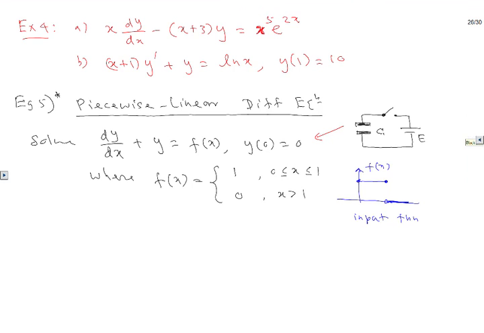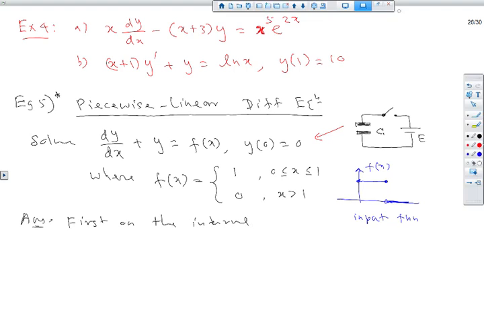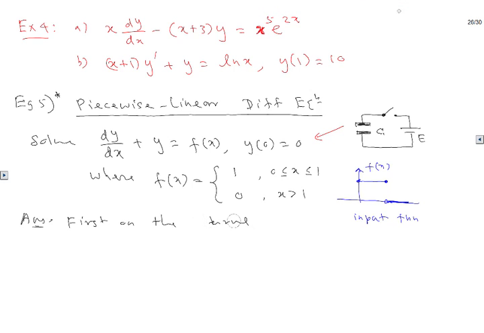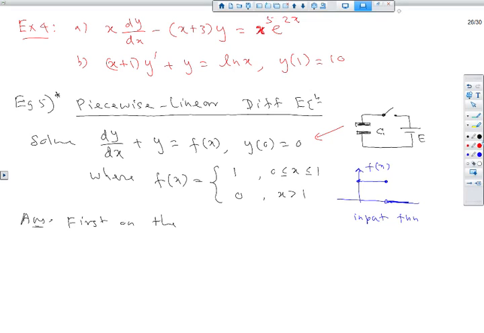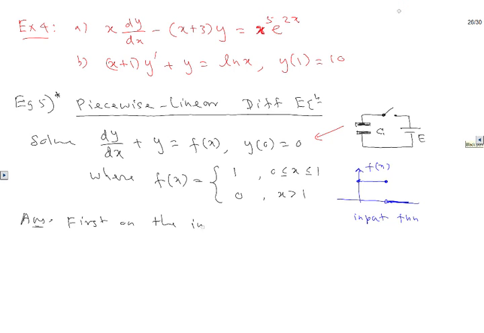Let's find the solution first on the interval 0, 1.